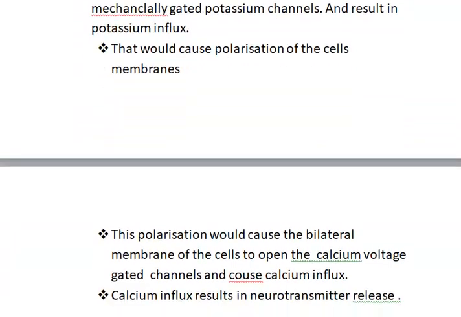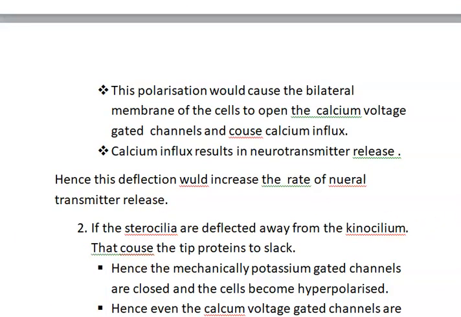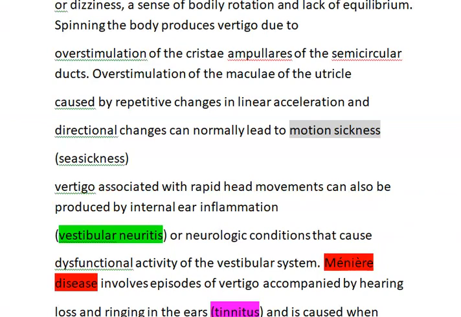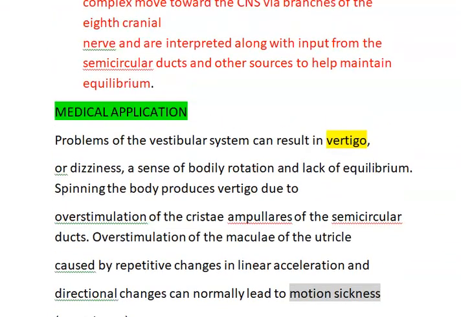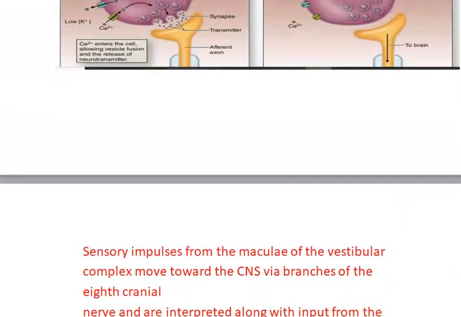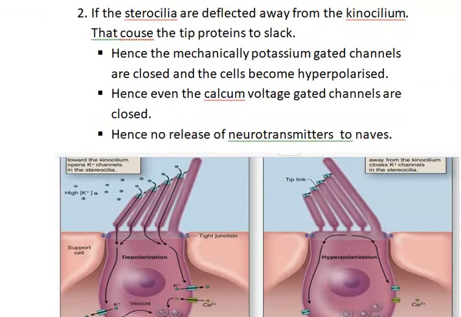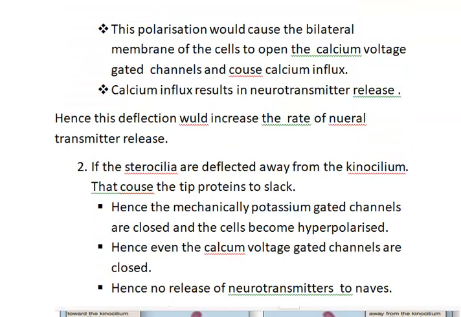So when it is depolarized, this depolarization, friends, would cause, at the basolateral membrane of these cells, the voltage-gated calcium channels to be opened, and that will cause calcium influx. Calcium influx meaning the calcium now will get into the cells.